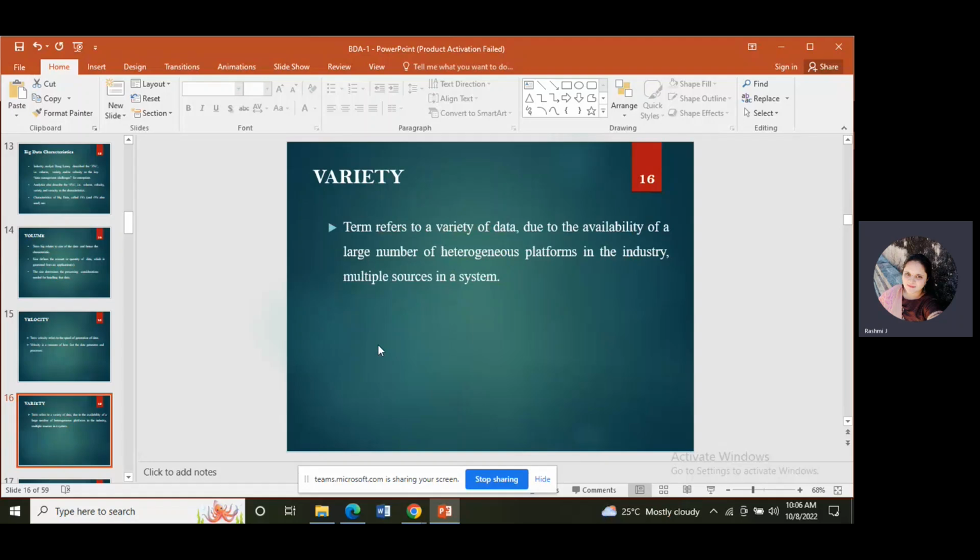Based on the format, it will affect the accurate analysis. So this is the veracity feature. It is based on the data format, meaning it is based on the variety. Based on the variety of the data, it will affect the accurate analysis.